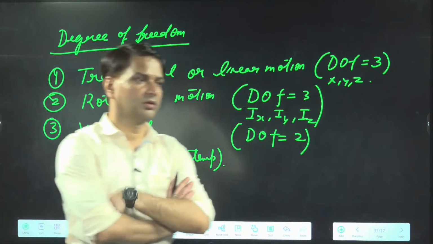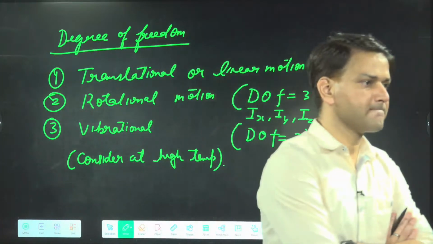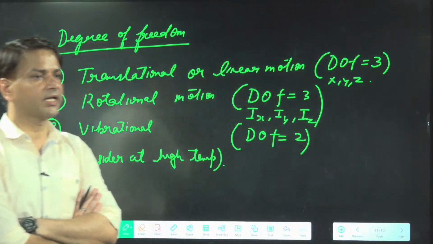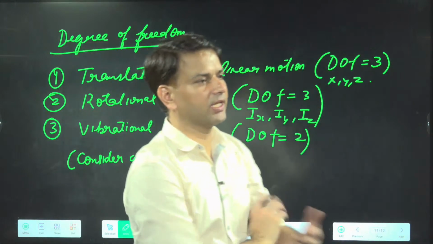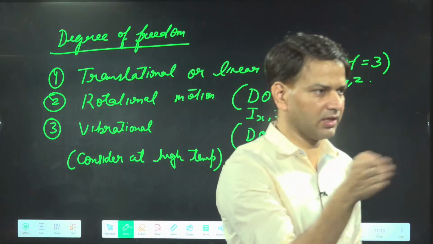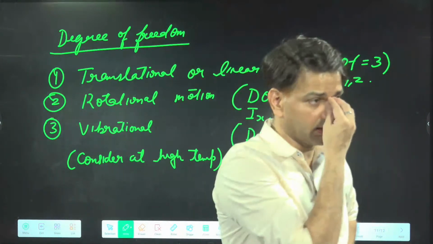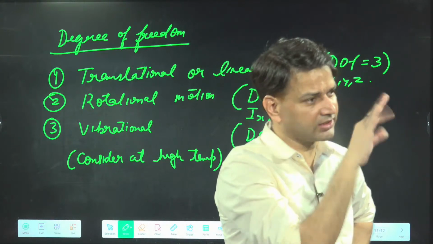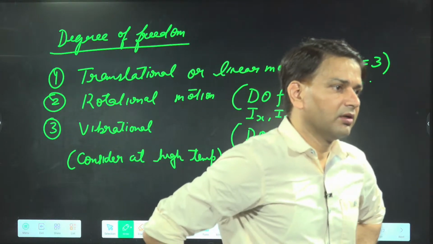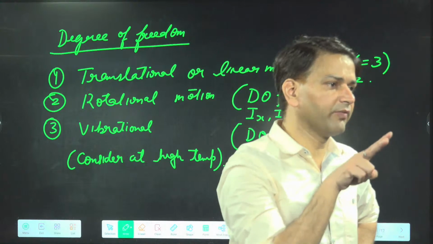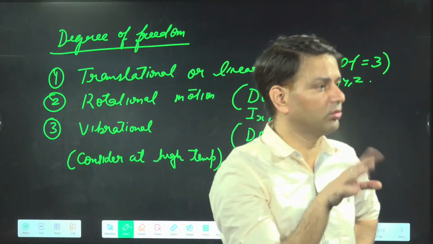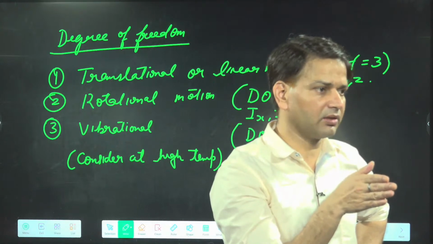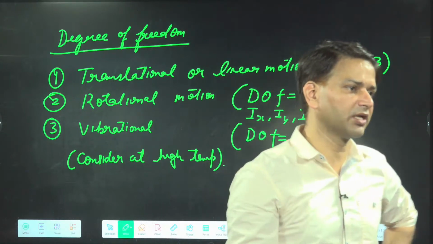As for the direction of vibration, vibration may be in any direction, like this, vibrating about the mean position. Translation motion is already there, so direction we have already considered in translation. So for the vibration we say 2 degrees of freedom: one corresponding to vibrational kinetic energy, the other to vibrational potential energy.